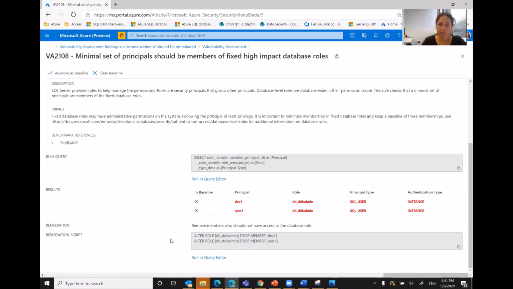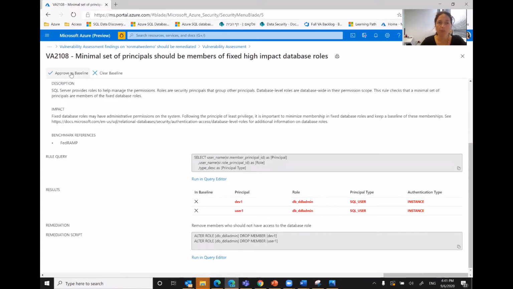The other thing that I can do is I can take a look at these principals, the result set of the rule, and decide that they are acceptable for my organization, that these principals are okay, and I only want to know about deviations from this point on. I only want to know about deviations from this result set.